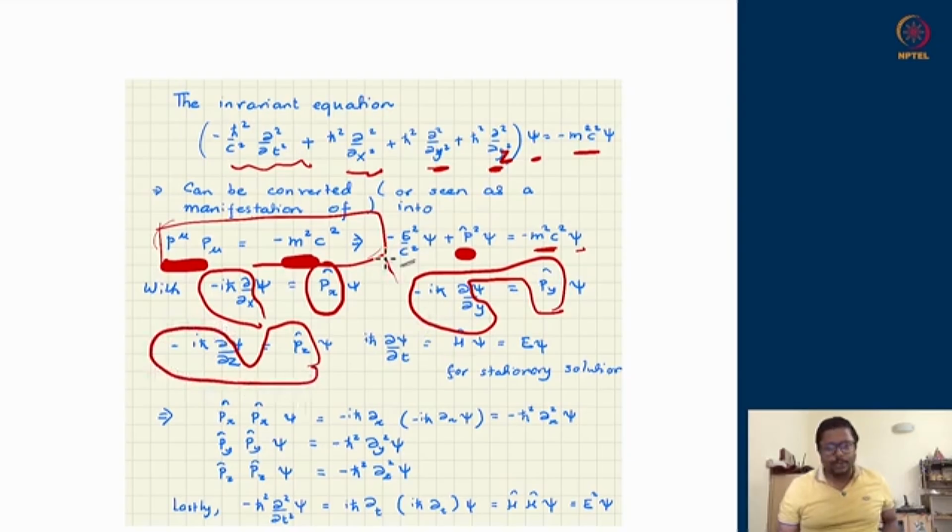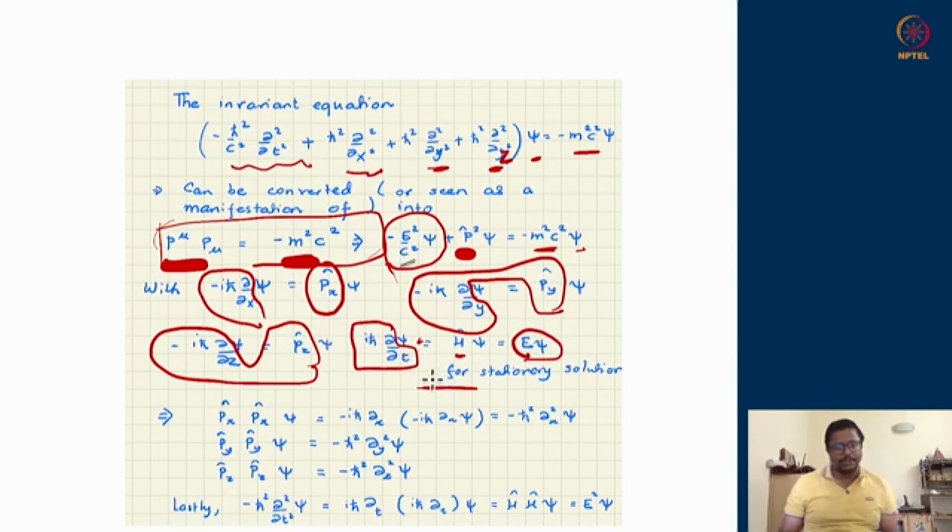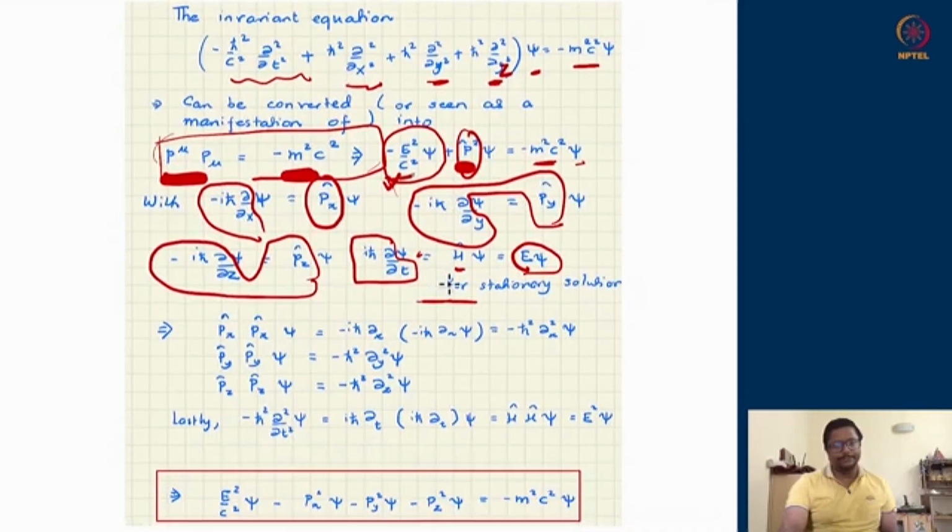Now remaining over here, for stationary states, we know the energy which appears is also the temporal derivative which hits the psi. The Hamiltonian for the stationary states, it so happens that H of psi, which for a stationary state is E times psi, can be represented as the temporal derivative of time. So therefore, whatever elements or operators appearing here can be converted into differential operators. Okay.